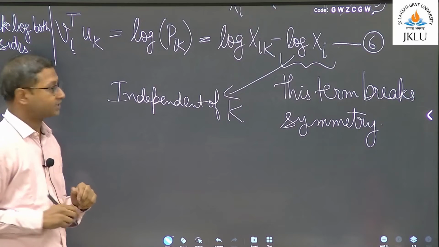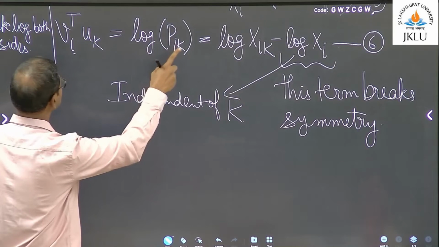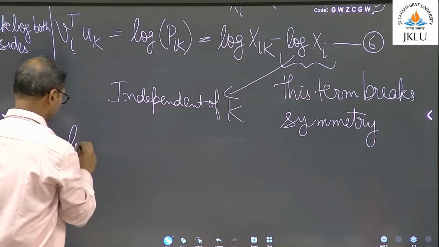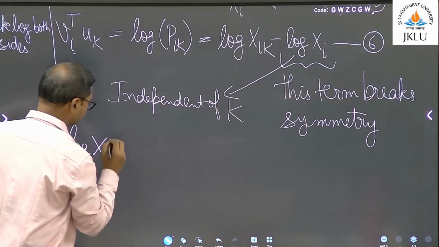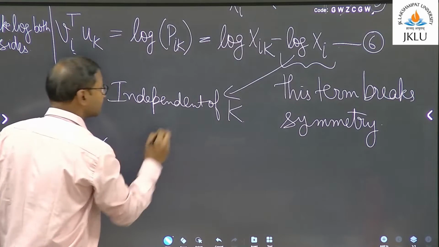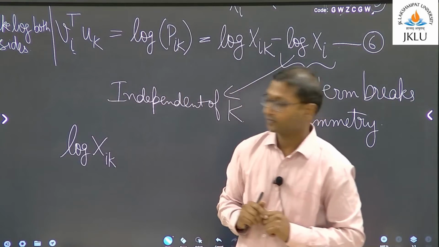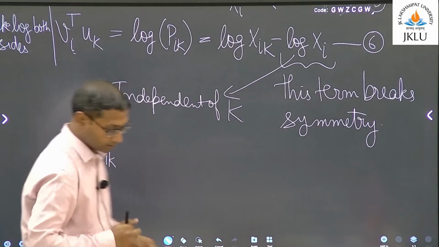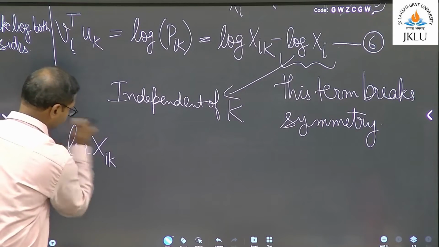Coming back to your question in the last class. So this thing, log xik, they say replace this thing with a bias for i.